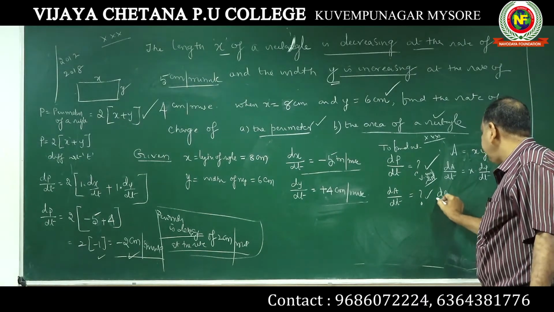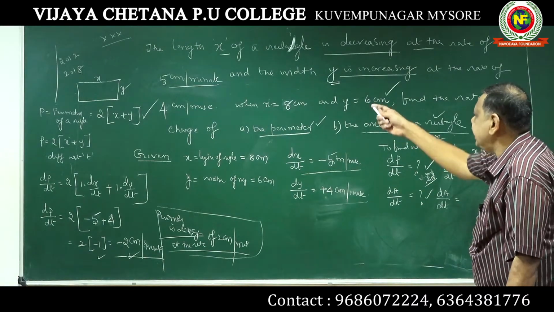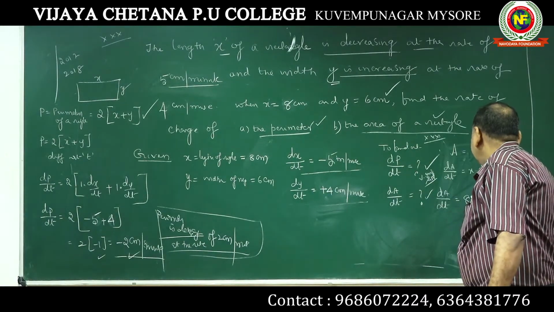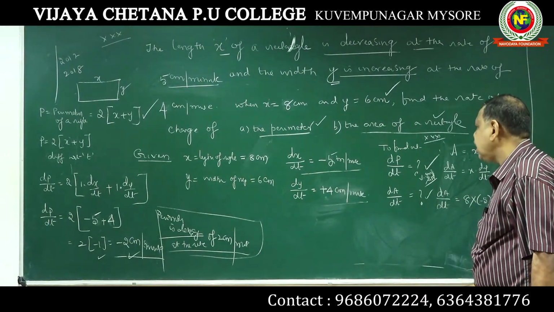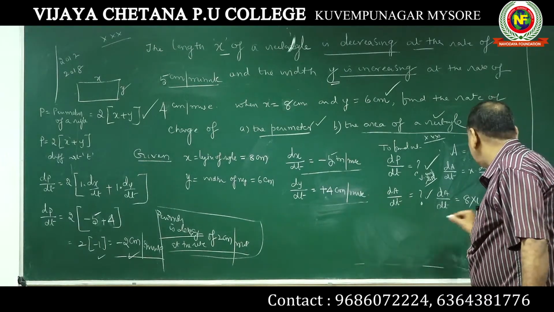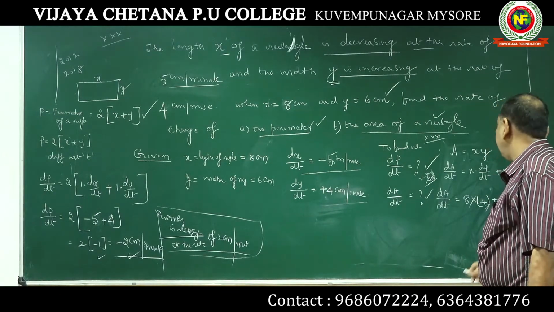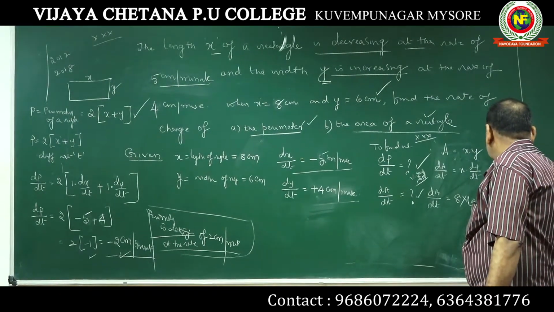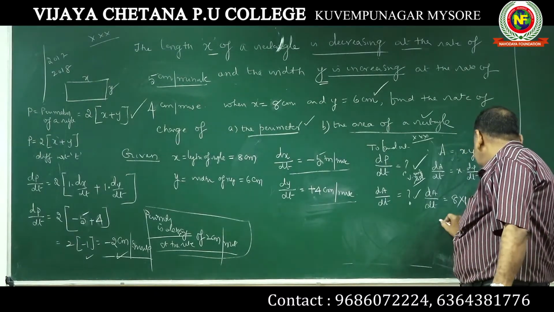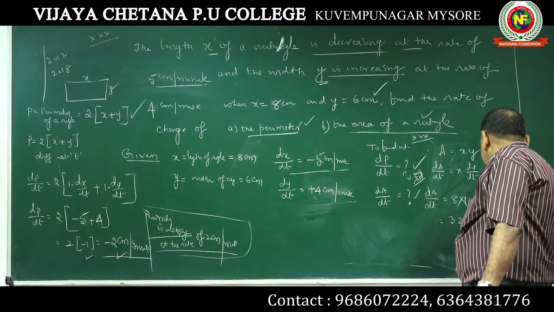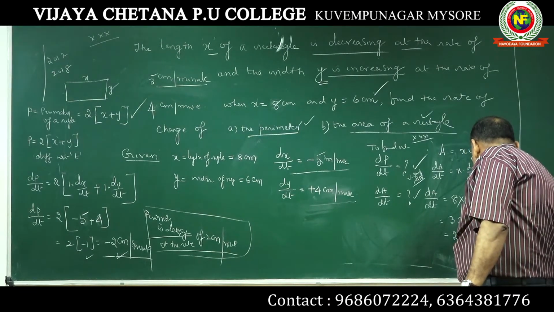What is x? x is 8 centimeter. 8 into dy by dt, which is plus 4, so 8 into 4, plus y is 6, into dx by dt, minus 5. Now it is 32 minus 30, it is again 2 centimeters square per minute.